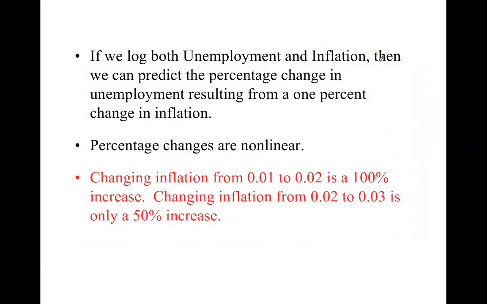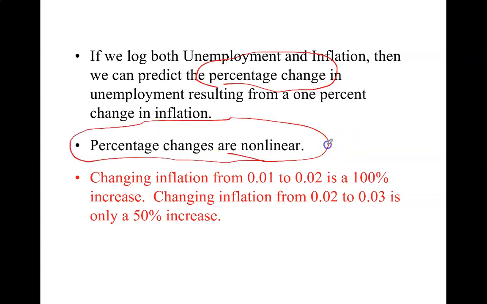Now if we take the logarithm of both unemployment and inflation, then we can predict the percentage change, because now we become elasticity rather than percentage point. Percentage changes are non-linear actually. It's like when we talk about growth rate rather than just percentage point. This is percentage change. I put this up in red because it's rather important.